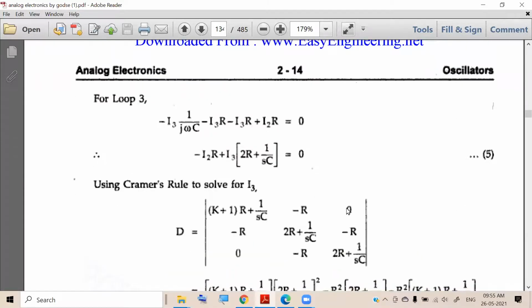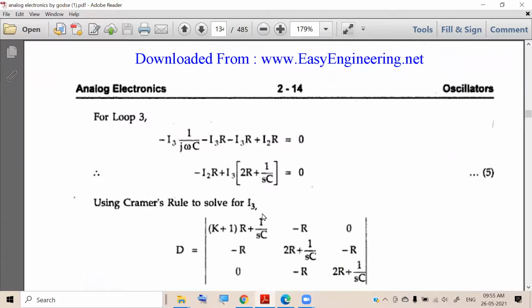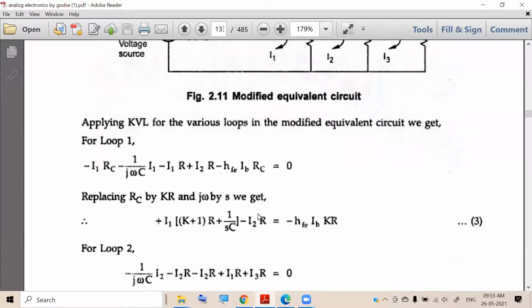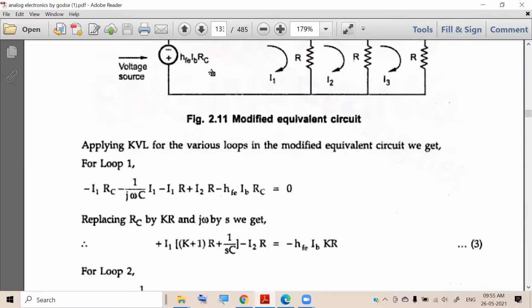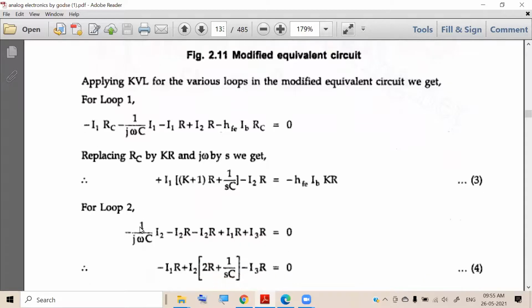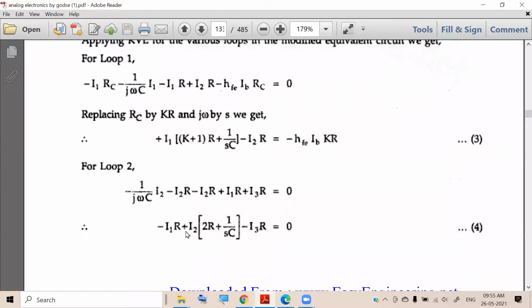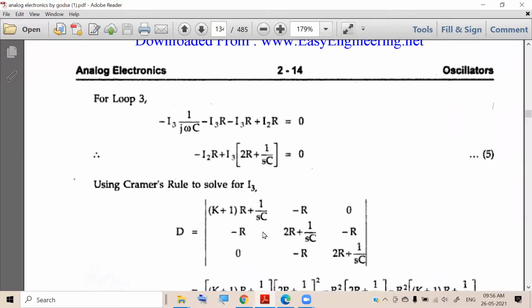Second row, the second loop KVL: minus R, 2R plus 1 by SC, minus R.